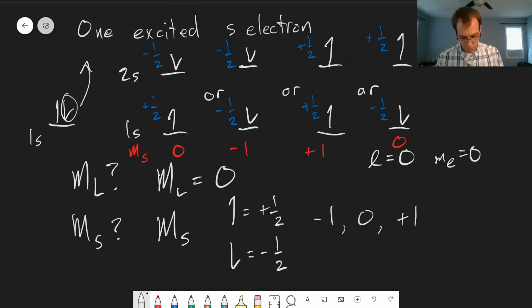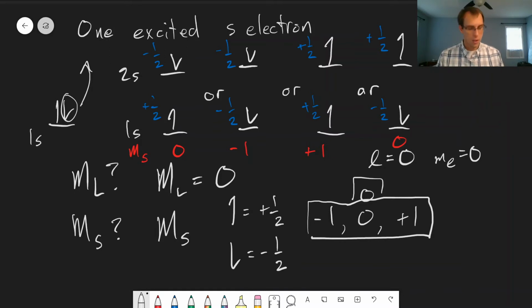And we end up with two possibilities that have 0, and that is actually relevant. So we have one set with negative 1, 0, and plus 1, and one set where we have just 0 by itself. That means we have one case where M sub S ranges from negative 1 to positive 1, so capital S has to be equal to 1. And this extra one is a case where capital S is equal to 0.